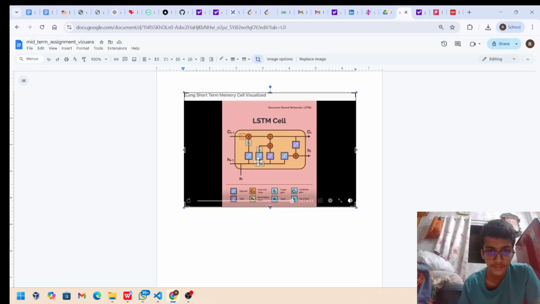Then this is the hidden state which is passed to the forget gate, then the input gate, and then finally after processing everything, it goes to the output gate, and then we get the next hidden state along with the cell state. So these two states are important. The cell state is responsible for the long-term context, whereas the hidden state is passing the information to the next hidden state. So this is how the hidden states get passed part by part. So this is what the LSTM network does. So thank you very much.